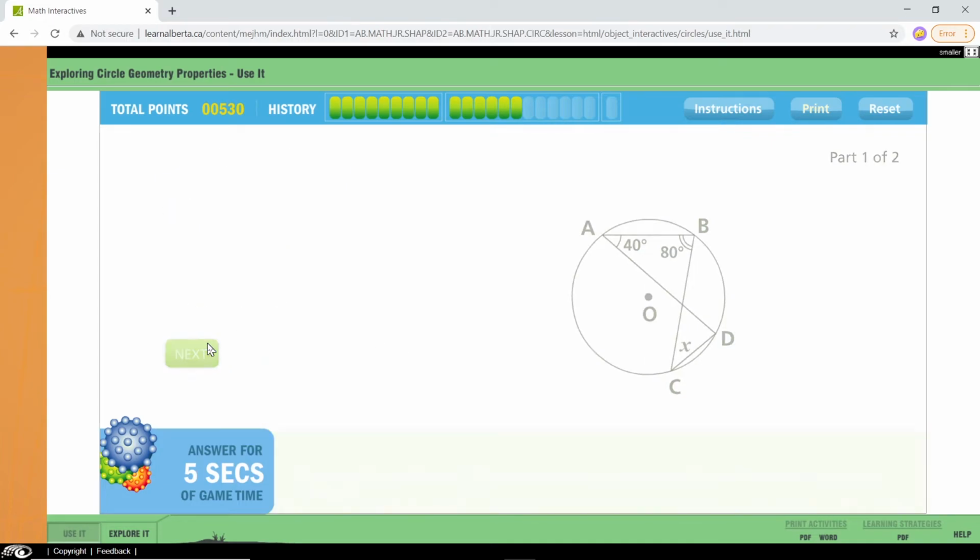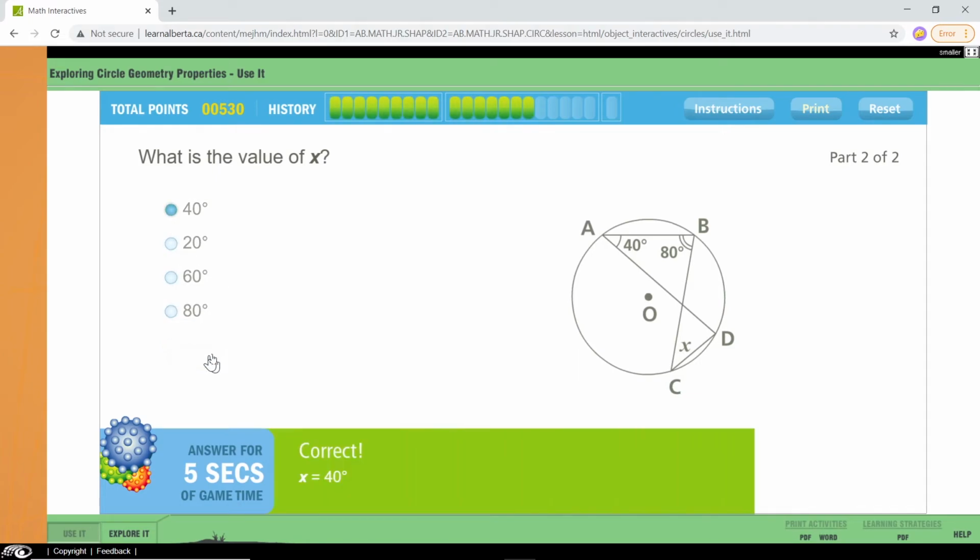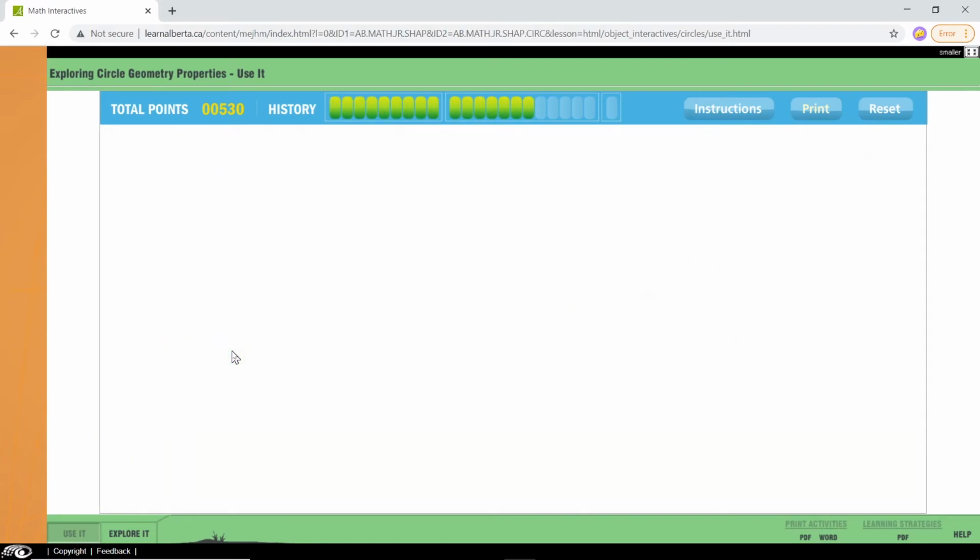Okay, next, what is the value of x? So now, looking at the value of x from the arc B and D, the angles from the same arc are 40 degrees. Therefore, x equals 40 degrees. Alright, continue.